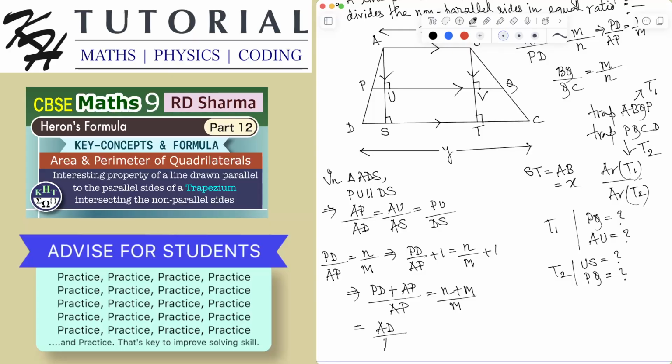So AD by AP is equal to M plus N divided by M. This implies that AP by AD is equal to M by M plus N. So we have AP by AD is equal to M by M plus N.